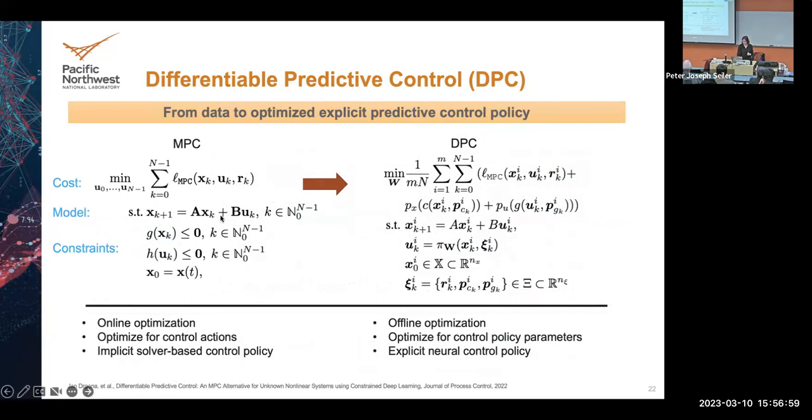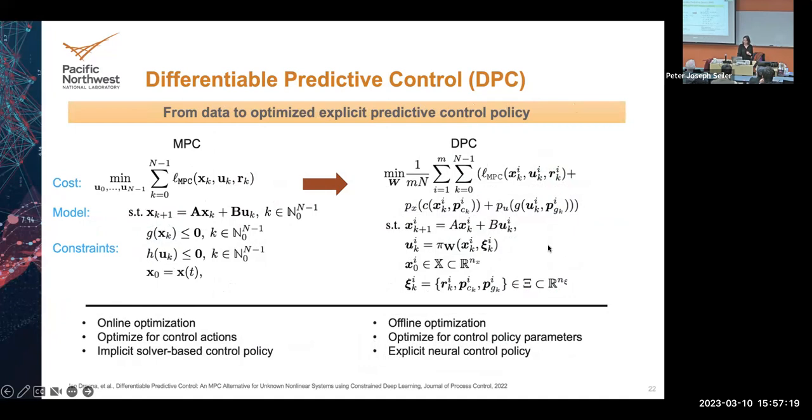Now, the relationship between MPC and differentiable predictive control I mentioned before. In MPC, you're solving the problem over and over. Here you're learning the policy represented by these weights. This is online, this is offline.